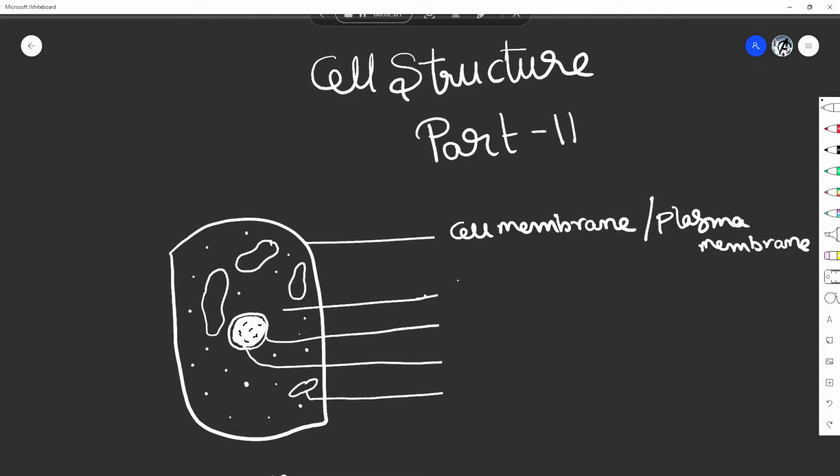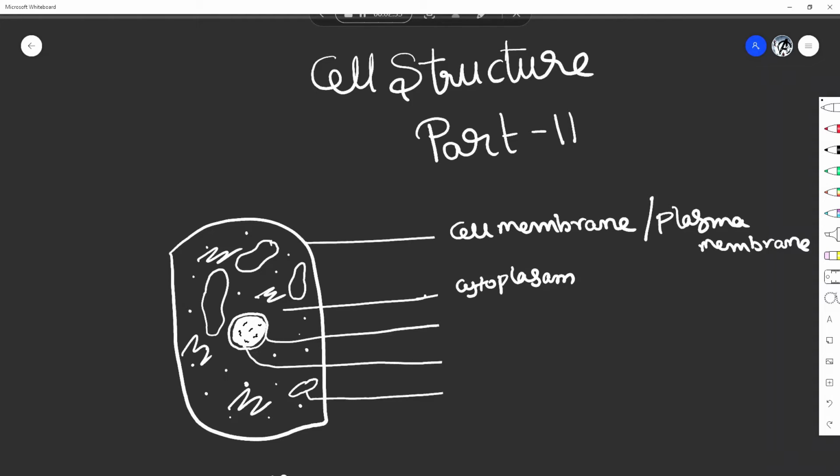And the next one is cytoplasm. Inside the cell membrane, we have a fluid-like structure. This fluid-like structure is called cytoplasm. It is a gel-like substance, and it has various components like mitochondria, ribosomes, etc., which are useful for various functionalities or metabolic activities.